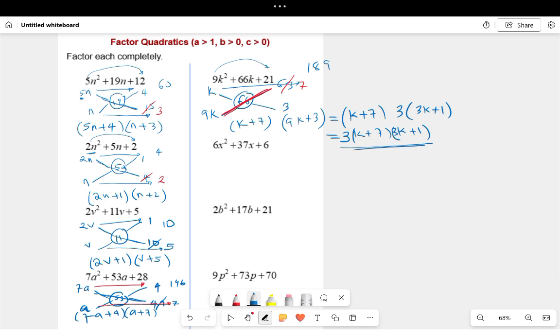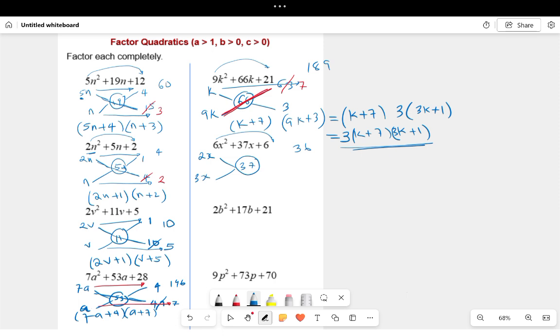Now next we are going to look at 6x squared plus 37x plus 6. So 6 times 6 you get 36. Now we need to think about, so I have that 37 here, and then we know 6x squared can be written as 2x and 3x.